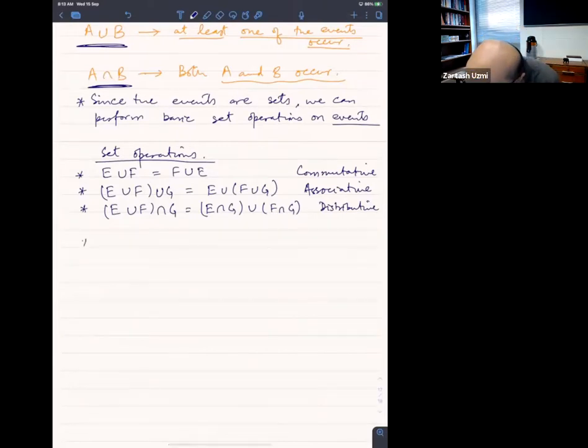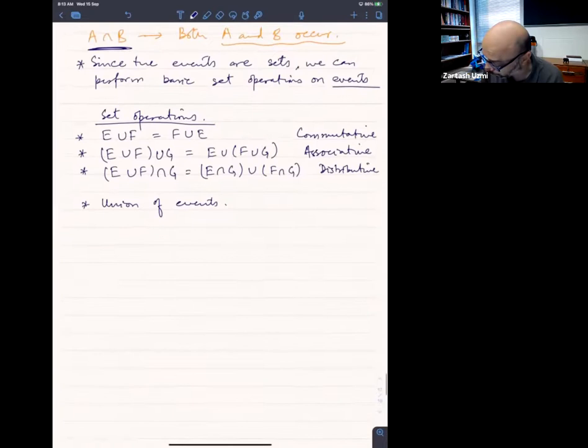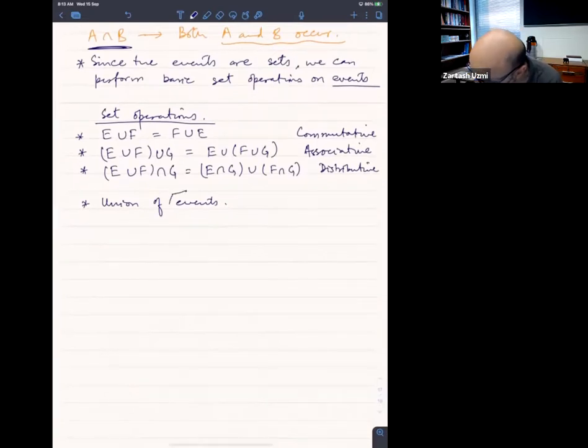So we can also talk about the union of multiple events. Above we described A union B as occurring when at least one of the two events occurs. We can talk about the union of multiple events. What will that be? That is the union of multiple events E1 union E2 union E3, dot dot dot, up to union En.